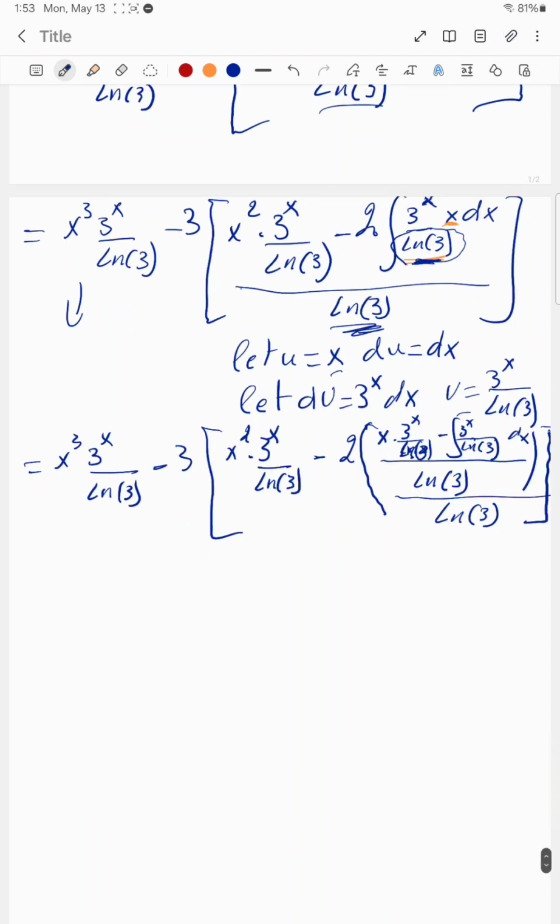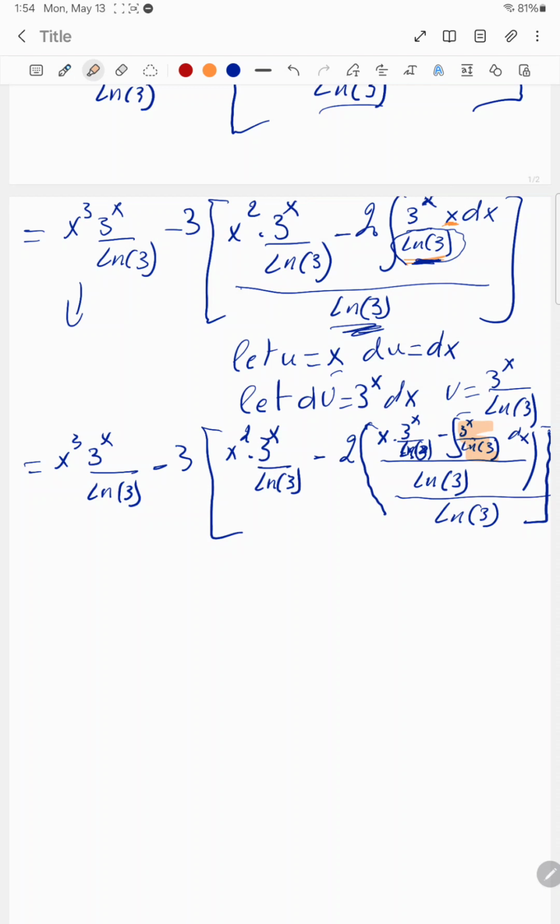We are almost done, because let's highlight it so you see it. That integral, it's a formula. Integral of 3 to the power of x is 3 to the power of x divided by ln of 3, and the ln of 3 is a constant. It can go outside the integral.